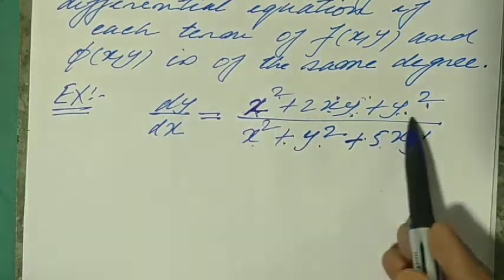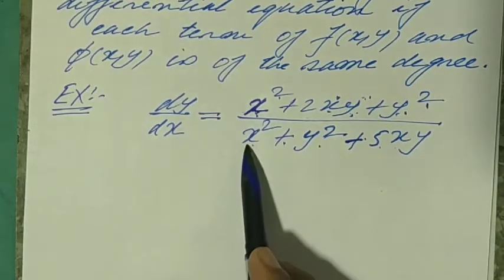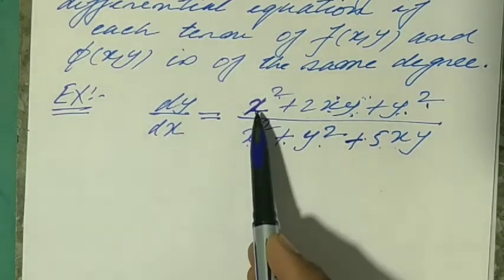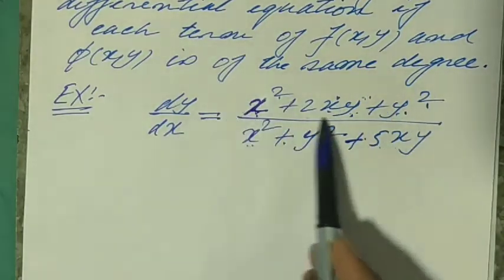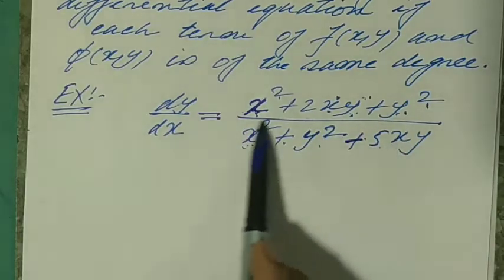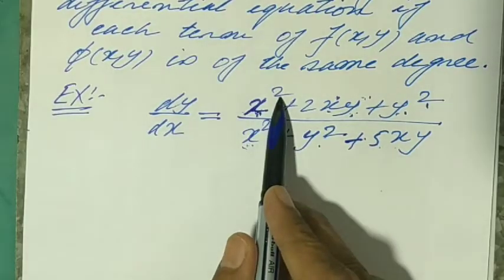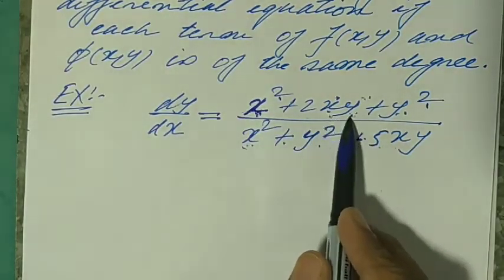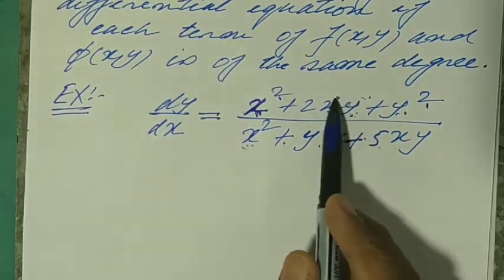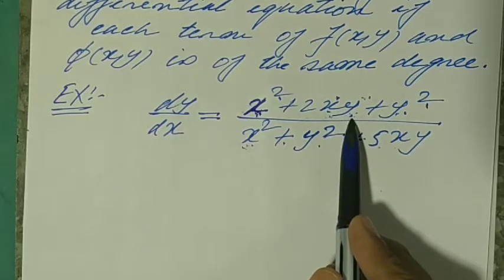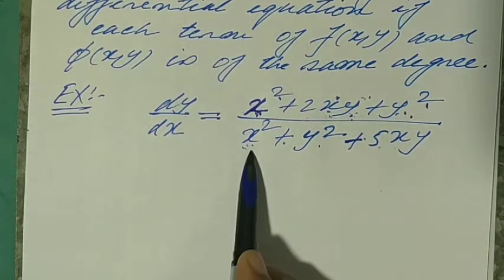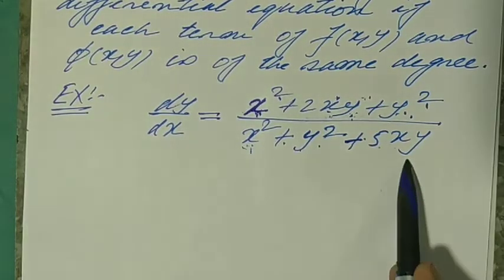In the numerator, this is a function of x and y, and in the denominator also a function of x and y. So arbitrarily we call it f(x,y), and the other phi(x,y). Degree of this term is 2. Degree of this term is 2 because there are two variables, so the degree of a term is the sum of powers of both the variables. So the degree of this term is also 2. Similarly, in the denominator, the degree of each term is 2.